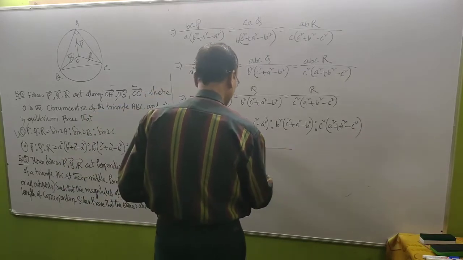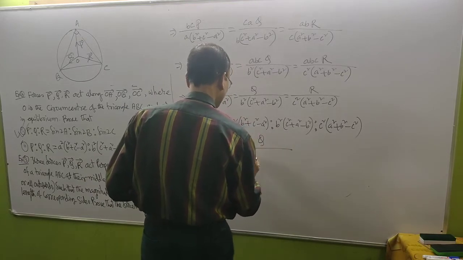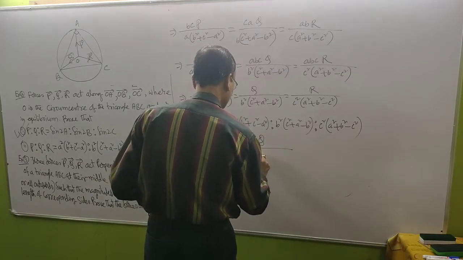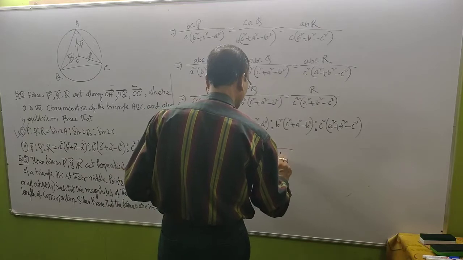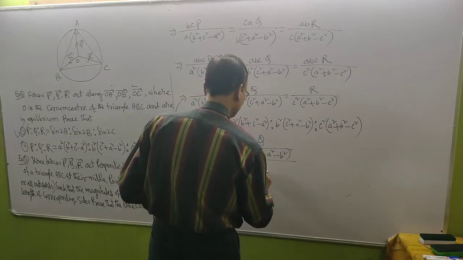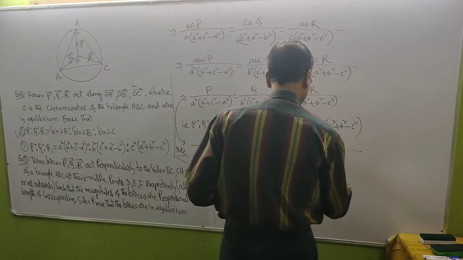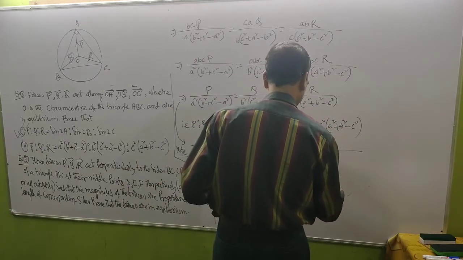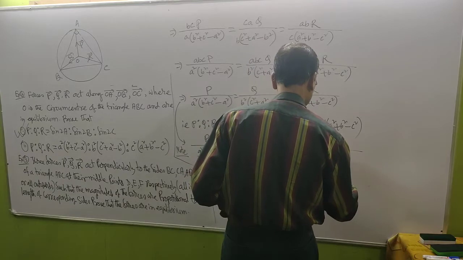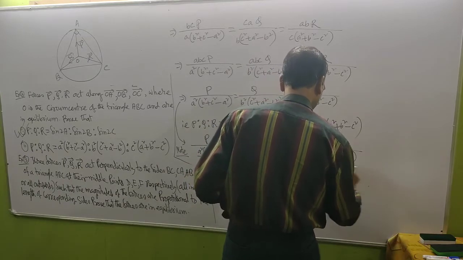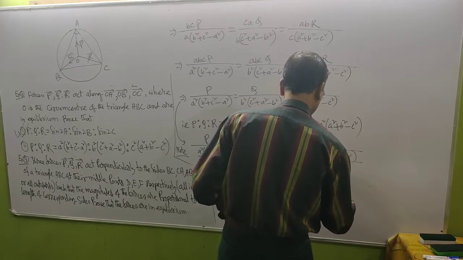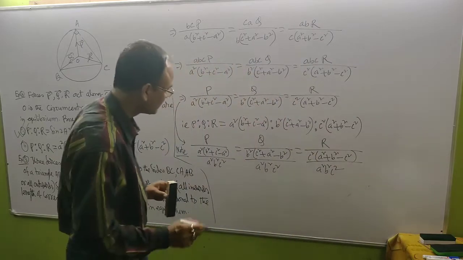This is equal to q, b square into c square plus a square minus b square divided by a square b square c square. This is equal to r divided by c square into a square plus b square minus c square divided by a square b square c square. You may write like this.